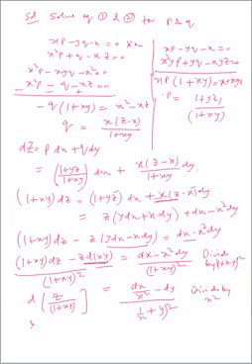Now we integrate, so this becomes z upon 1 plus xy is equal to, here if we see that this is differentiation of, if we take minus common, y plus 1 upon x.